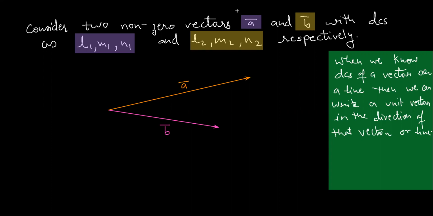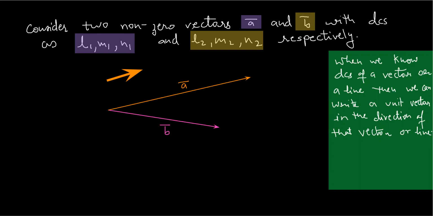Now keeping this in mind, I know that the DCs of A bar are l1, m1, n1. So I'll be able to write a unit vector in the direction of A bar. Consider this to be a unit vector in the direction of A bar, and I write this as A cap.